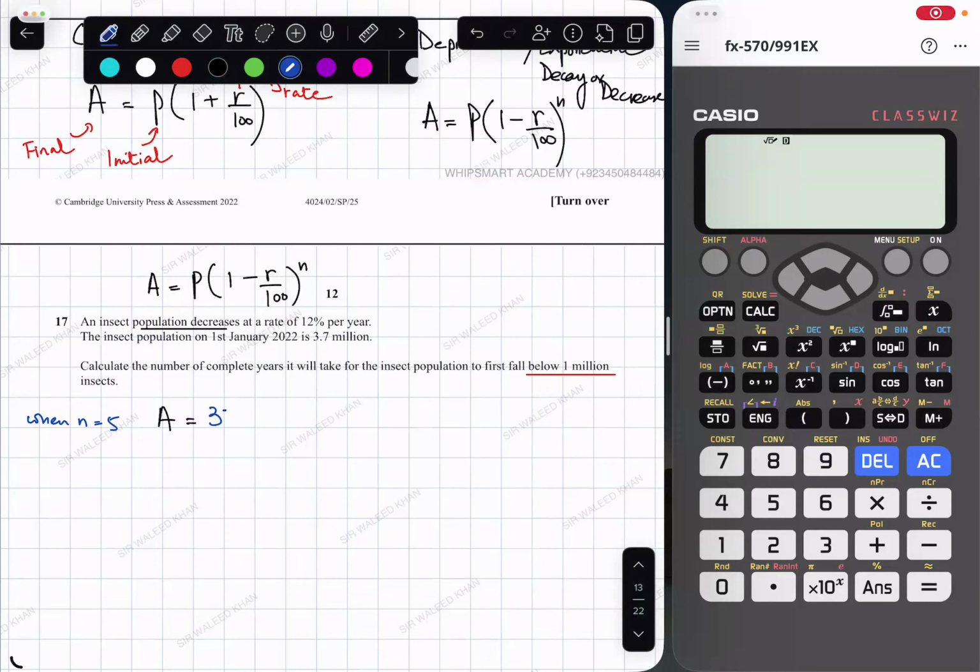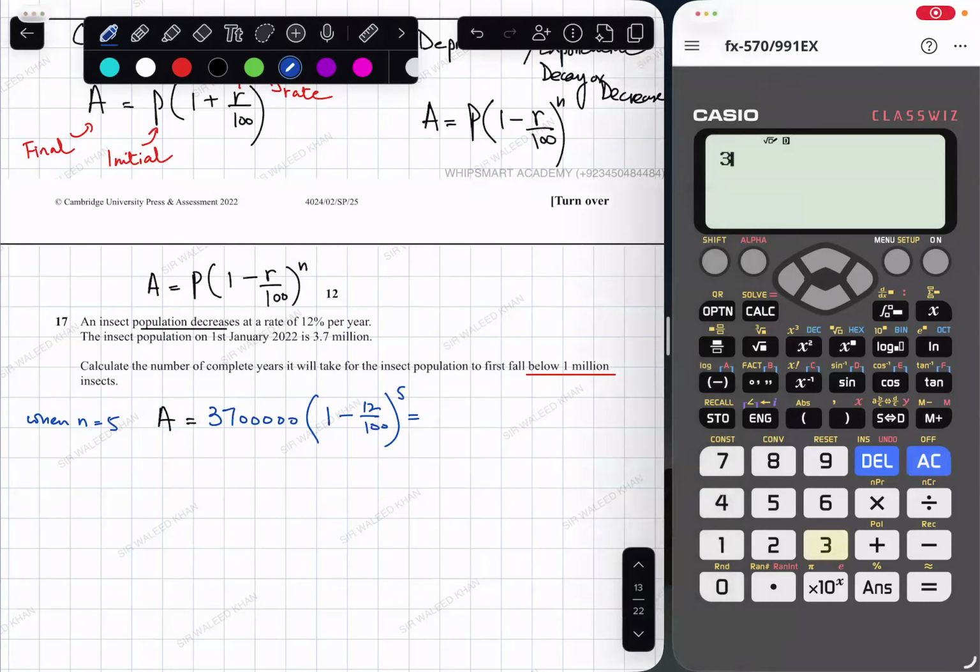When n is equal to 5, when the time period is 5 years, A is equal to the initial value times (1 minus 12 over 100) whole power 5. Is that clear? I'm randomly using 5 years, I just want to see.